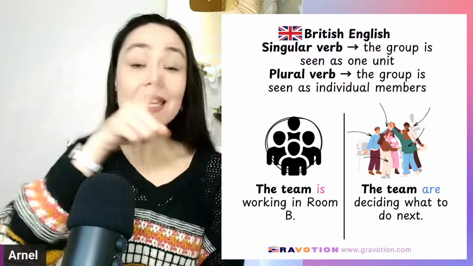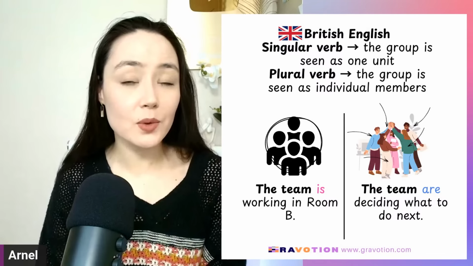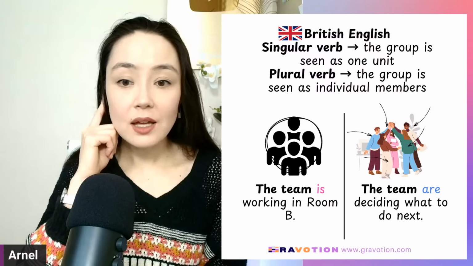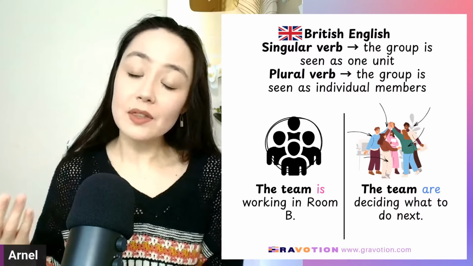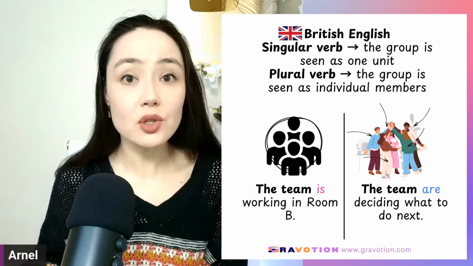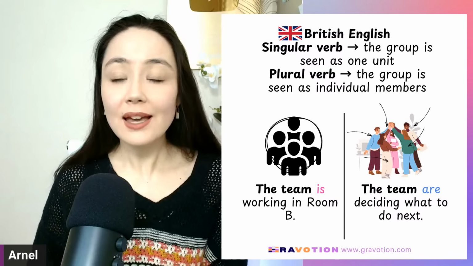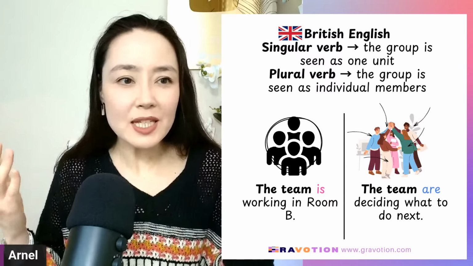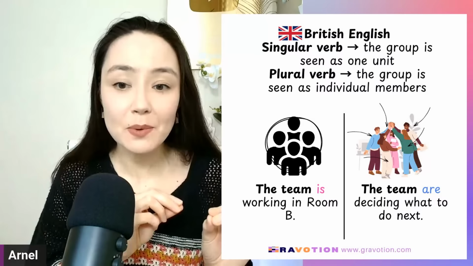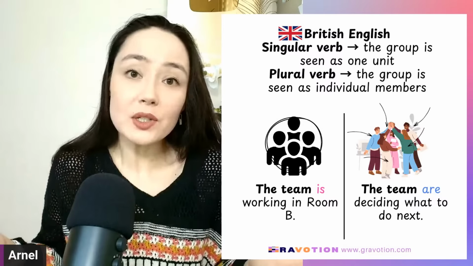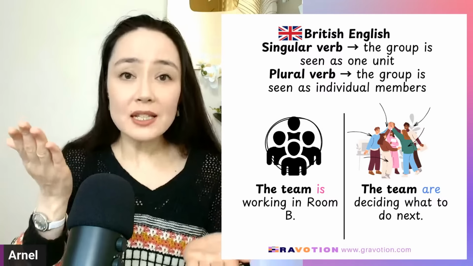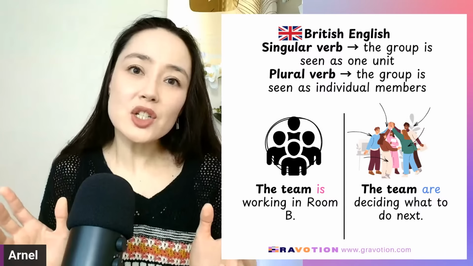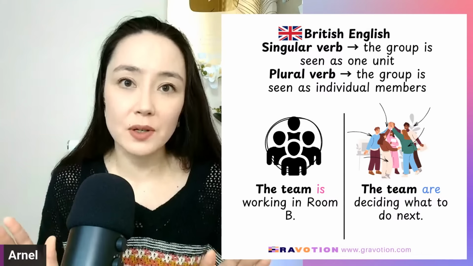The team is working in room B. However, you might hear someone say, the team are deciding what to do next. Here, in the second example, someone is thinking about the team as individual people. Both sentences are correct. This is common in British English. Americans generally just use the singular verb, is.